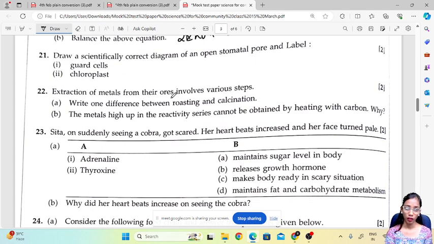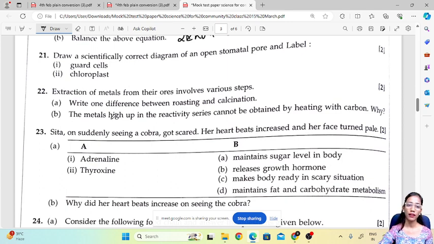Now the next is, the metals high up in the reactivity series cannot be obtained by heating with carbon. Why? We know that there is a reactivity series, and the extraction of metals differs at each part of it.